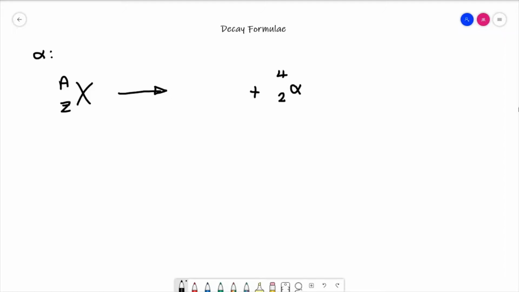What we're left with then is a different nucleus. Now, the way to view these decay formulae is just the same as mathematical equations. We've got 2 different lines that we need to make sure mathematically look correct. We need to make sure that the nucleon line on the top looks correct, and we need to make sure that the proton line on the bottom also looks correct.